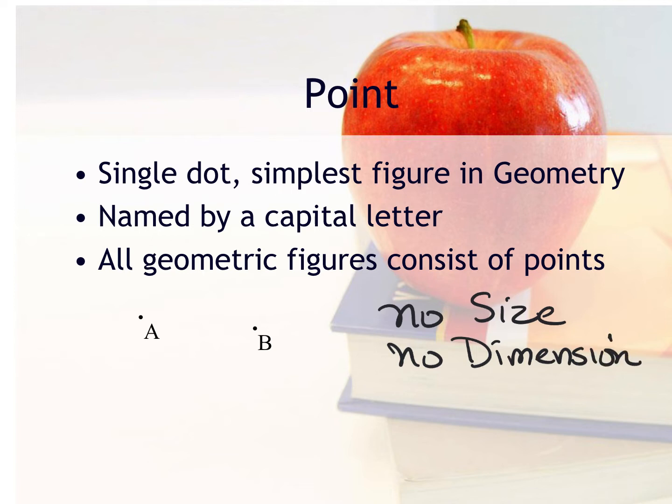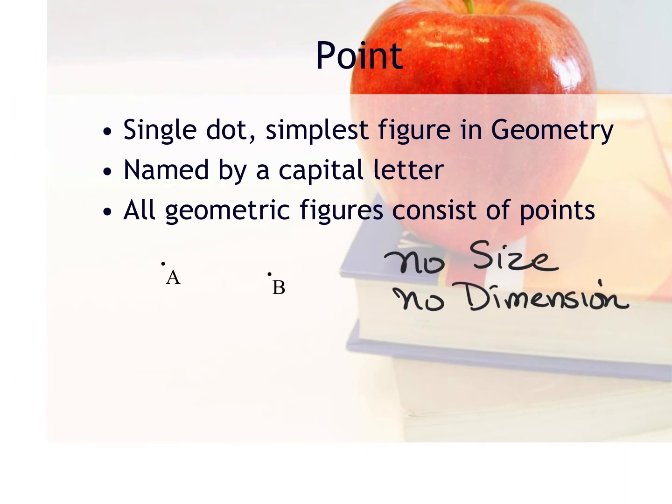Now, this last bullet point, all geometric figures consist of points. So later on in the course, we're going to be starting to talk about triangles. And when I refer to a triangle, it is made up of 3 points.